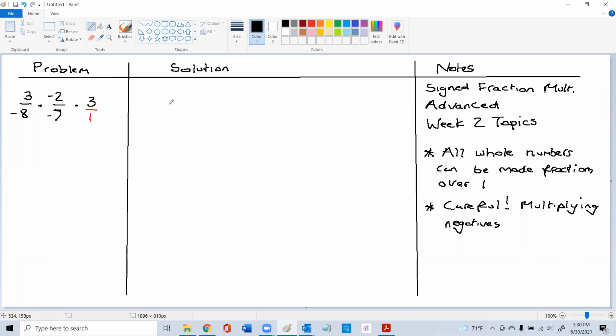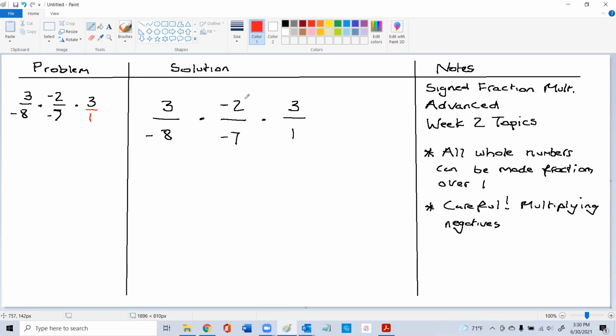So let's rewrite our problem over here and work it to a solution. So we've got 3 over -8 times -2 over -7 times 3 over 1. First thing we're going to do is that cross canceling between the 2 and the 8 here.